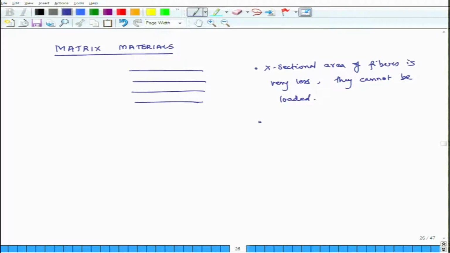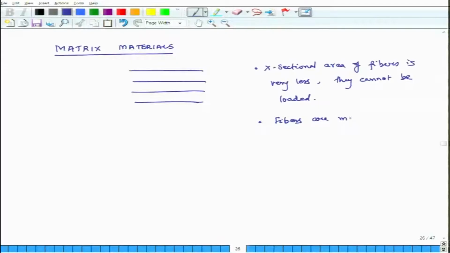So, this is one limitation. The second thing is fibers without matrix are mechanically isolated in absence of matrix. Okay.